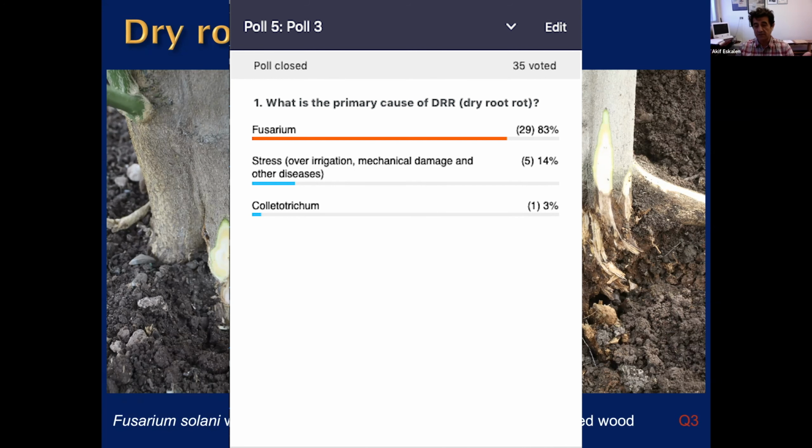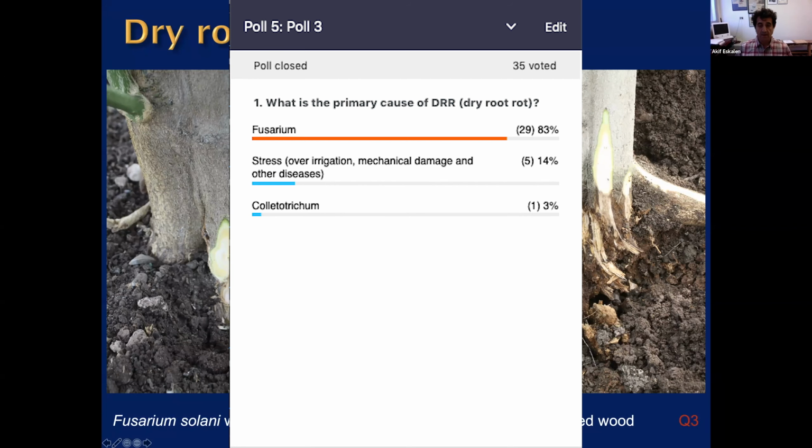When you over-irrigate, when you have mechanical damage at the soil level, when you have other disease stress, those are the ones that encourage it. But Colletotrichum is not the causal agent or part of the disease complex. It is another group of pathogens that cause other diseases on the shoots and canopy level of the plant. It is not associated with this dry root rot.